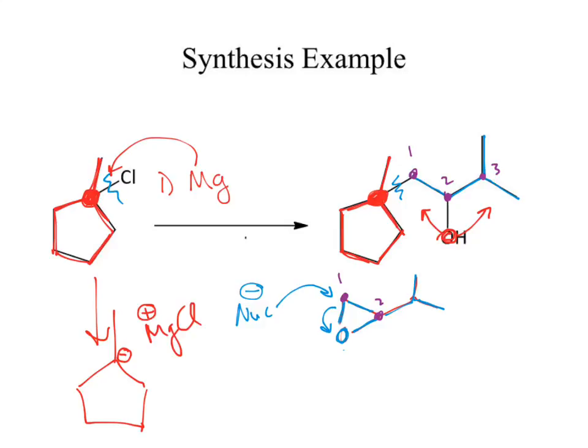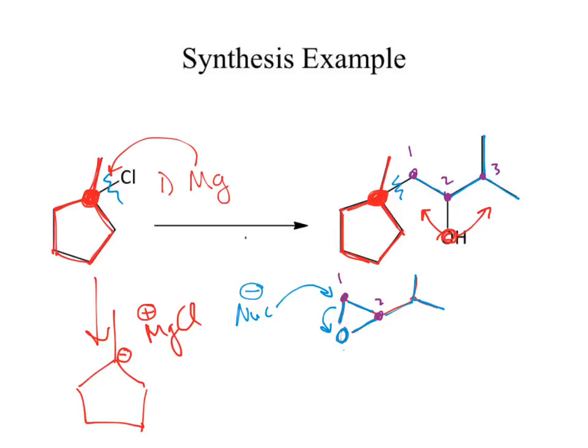We now have the strong nucleophile. We can mix that with the epoxide and poof, our ring opens. Do we have the alcohol yet? No, why not? We don't have that hydrogen. Where do we get the hydrogen from? Water. We could add water, or we could even add acid.